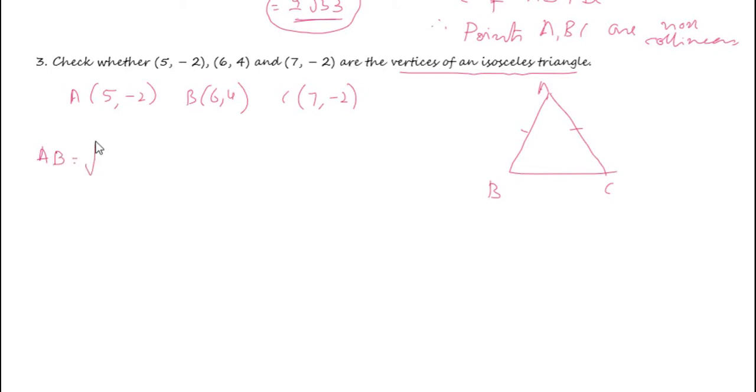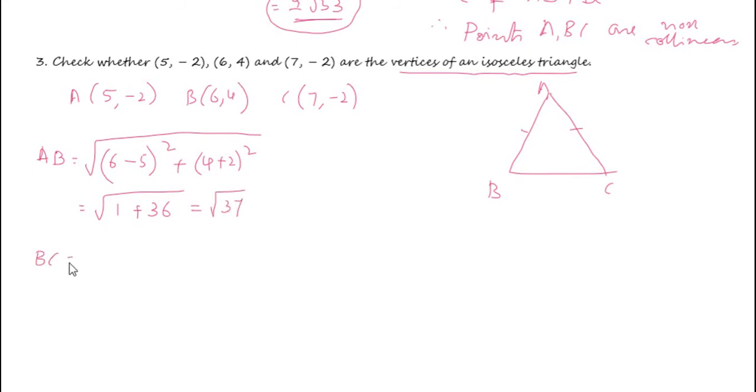AB is square root of x2 6 minus x1 5 whole square plus y2, it is 4, minus of minus 2, that is plus 2 whole square, that is equal to square root of, this is 1, this is 6 square, 36. So value of AB is square root of 37.